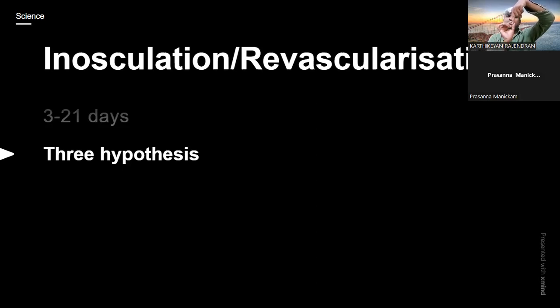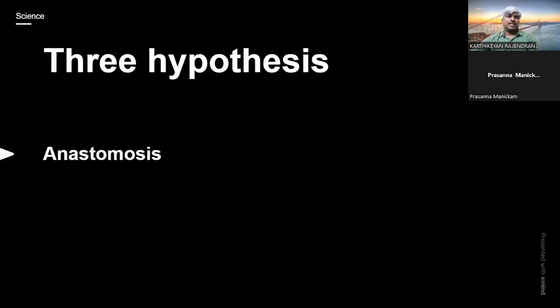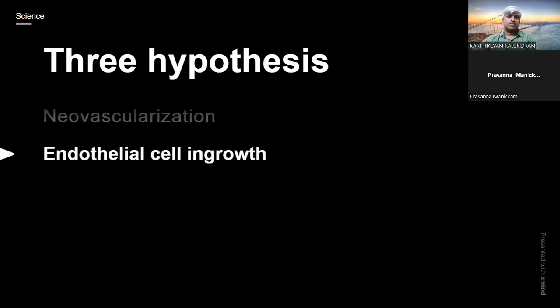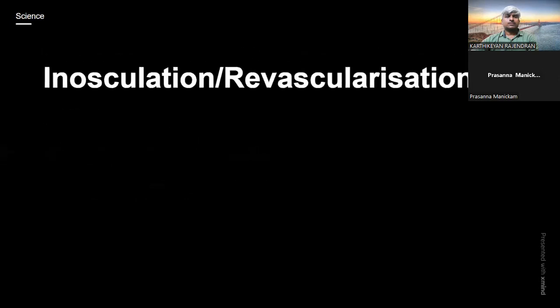In that vascular structure, ingrowth of the endothelium occurs and that will produce revascularization. So these are the three hypotheses in revascularization: anastomosis, neovascularization, and endothelial cell ingrowth.